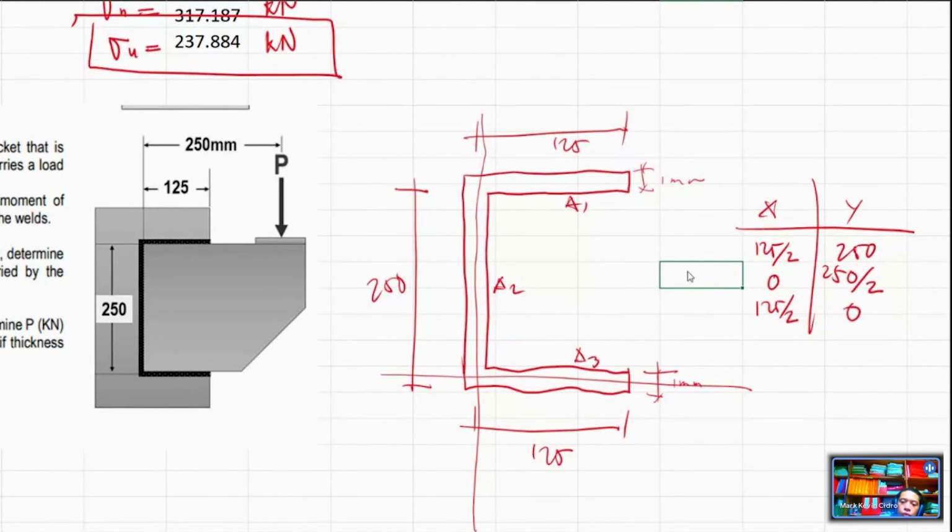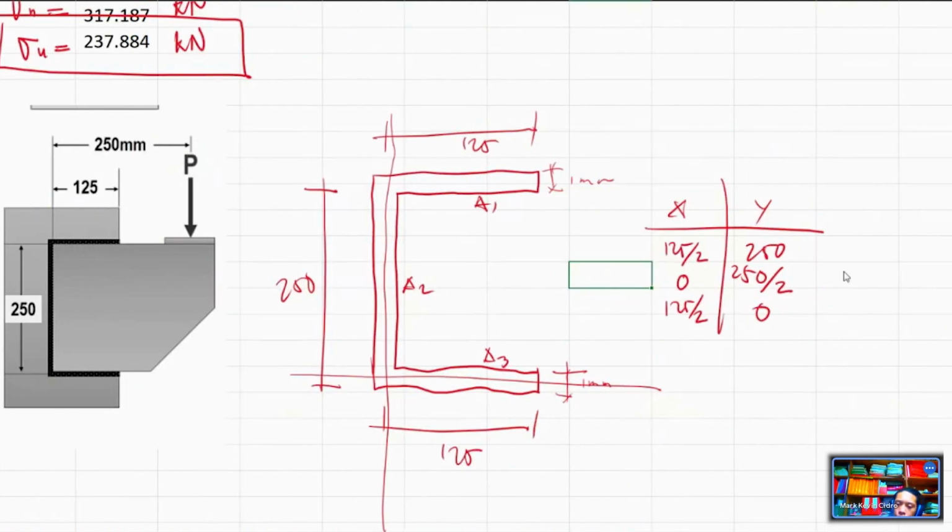Okay, then your frequency, what is the area? Now, we are considering a 1 mm width. So this is 125 times 1, then 250 times 1, then 125 times 1.